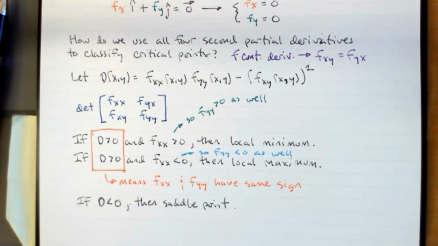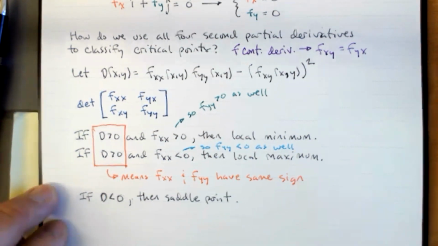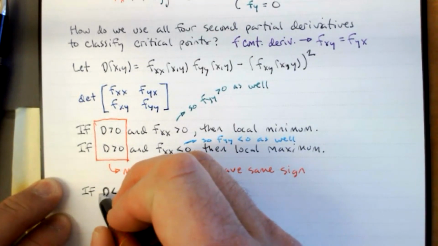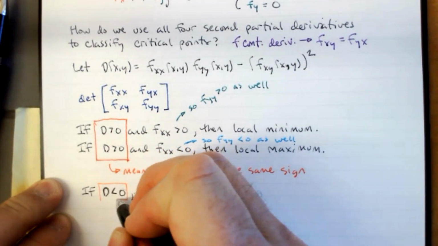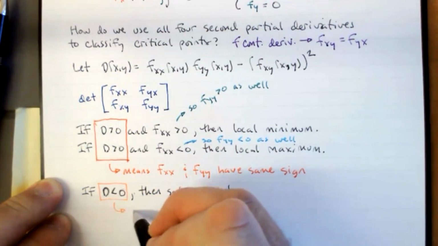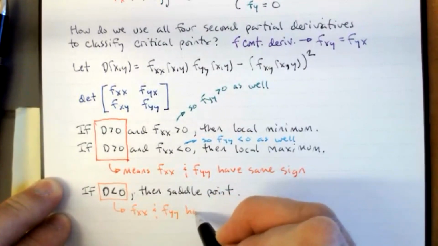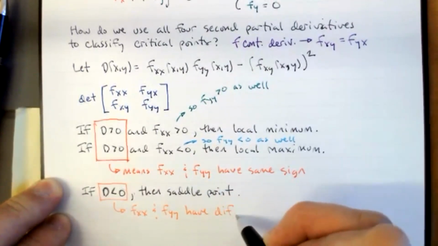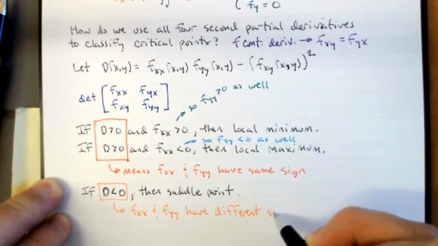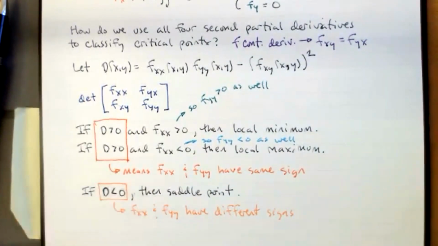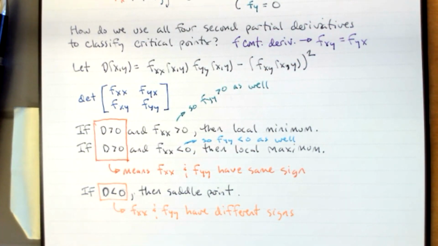So most likely the reason for this is that Fxx and Fyy have different signs, because if they have different signs, then this D calculation will definitely be negative.